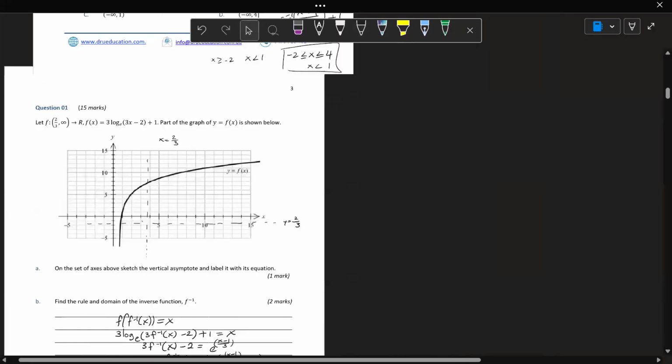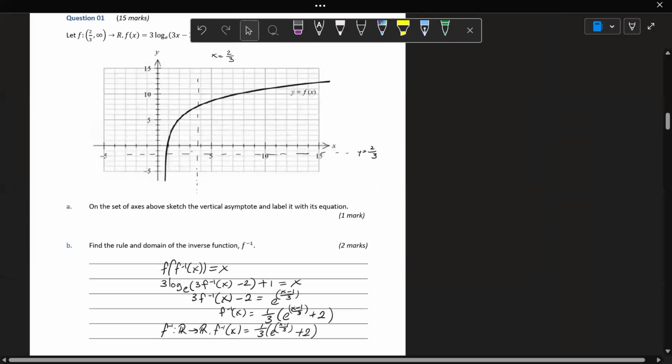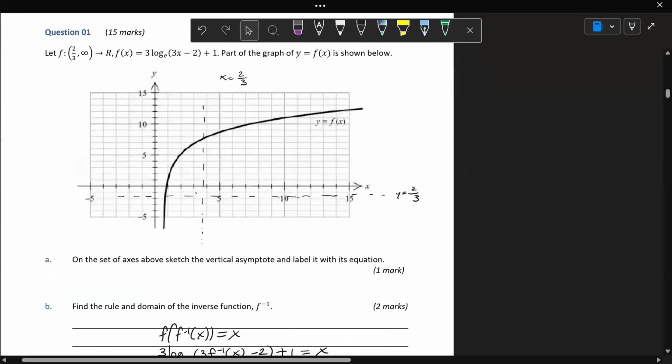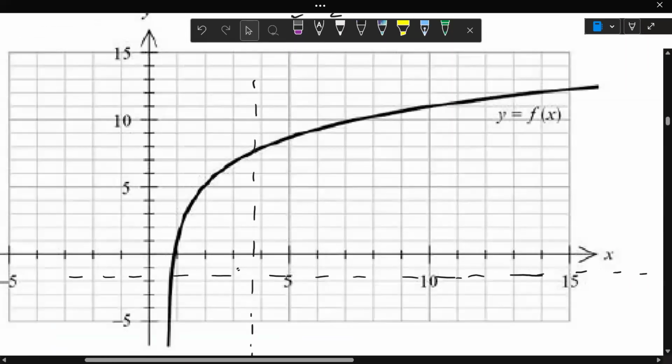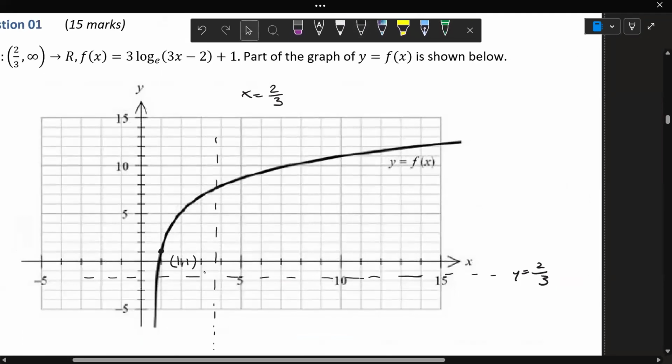So we are left with x equals 1 and x equals 11.42. So now we have the points. So x equals 1, that is right here. So they intersect at 1, 1 and 11.42, which is about here.